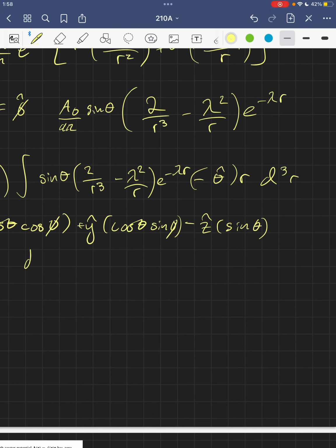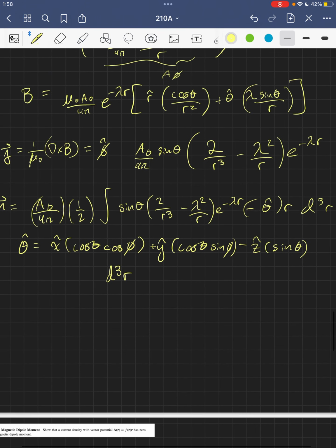Keep in mind, d cubed of r, if we do that, you get a sine theta term. This will be r squared sine theta, dr, d theta, d phi. Okay?